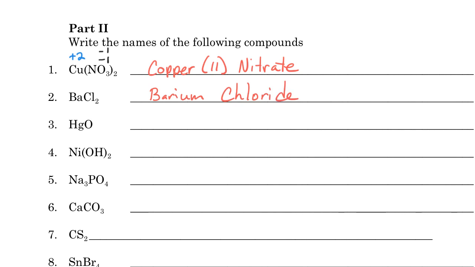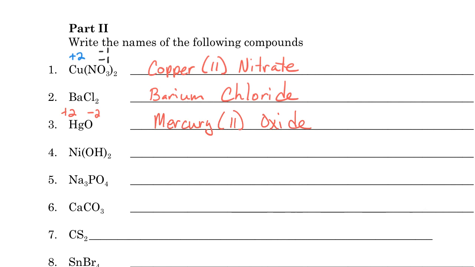Here we have mercury. Mercury is a transition metal, so I have to start with the anion side. Oxygen has a -2 charge, so this mercury must have a +2 charge. It's a 1-to-1 ratio. So this is going to be mercury 2 oxide.